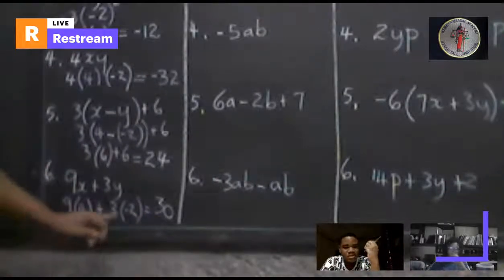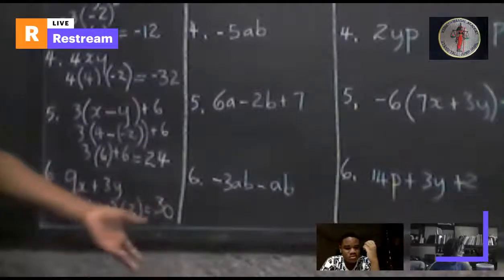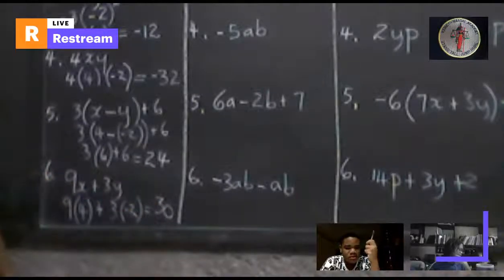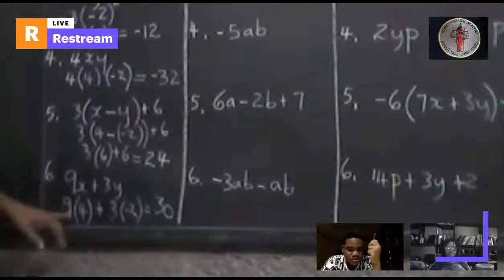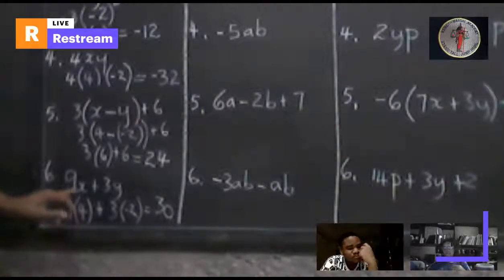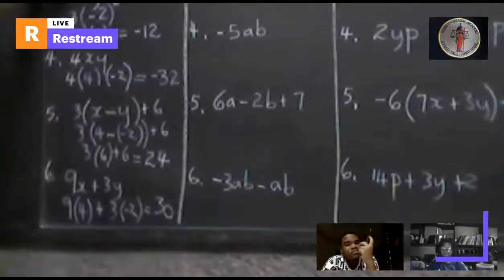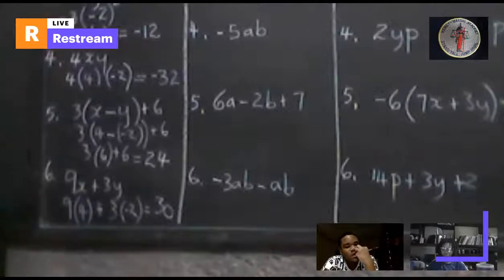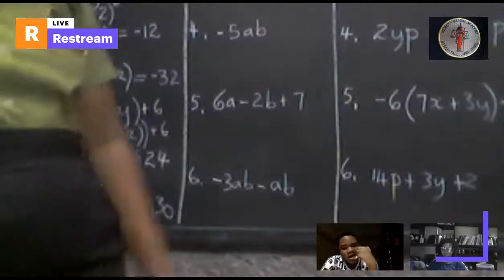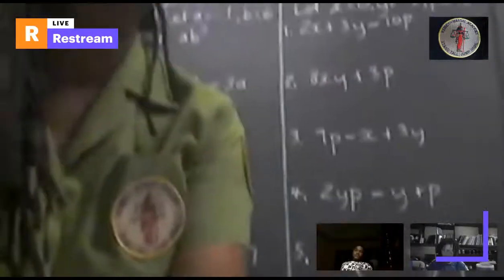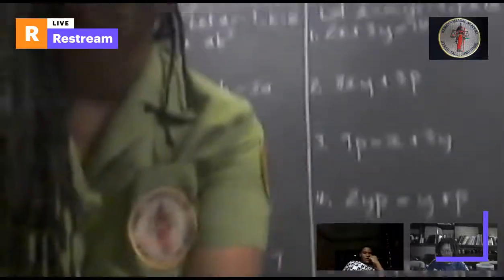Plus a negative is the same as minus. For 9 times 4, I thought you said 9 plus 4. No, not plus. 9 times 4. Remember, 9x means 9 times whatever x is, and x is 4. All right, so let's go on to the next batch in the middle.